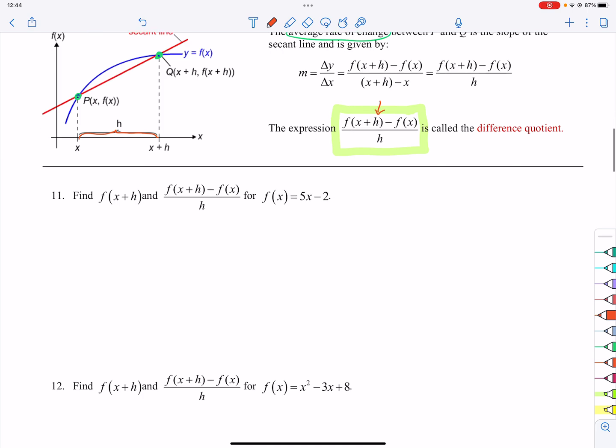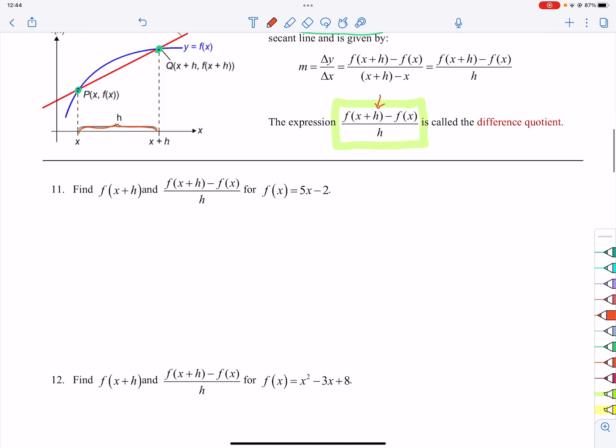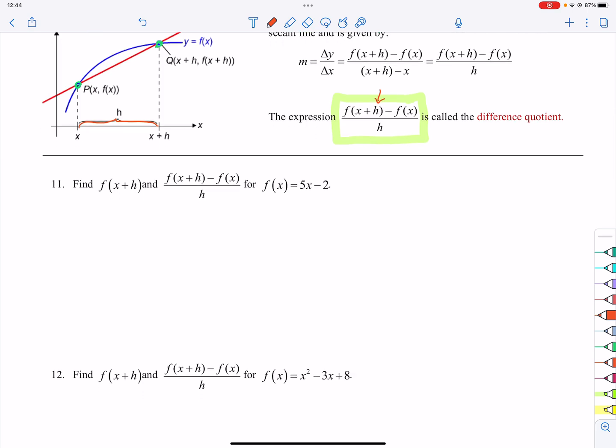Okay, find f of x plus h and then find the difference quotient for f of x equals 5x minus 2. So what I like to do is first go ahead and find f of x plus h first.